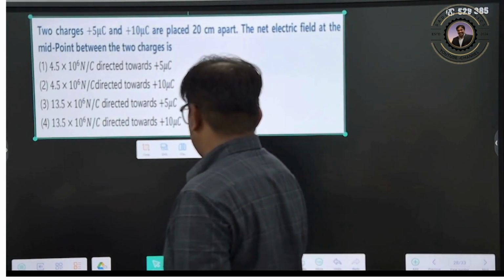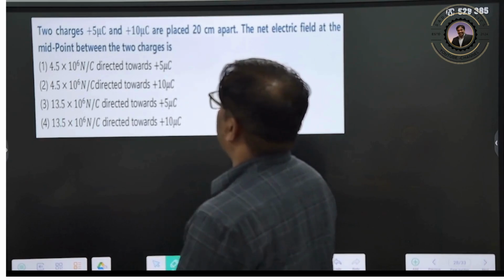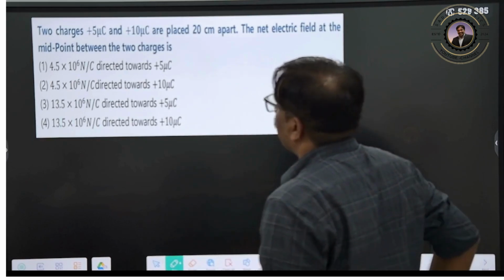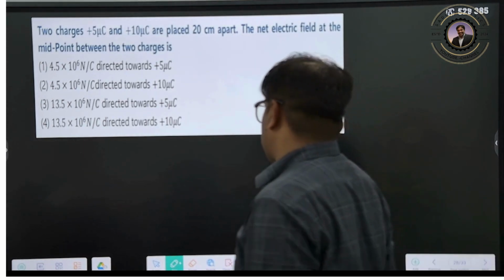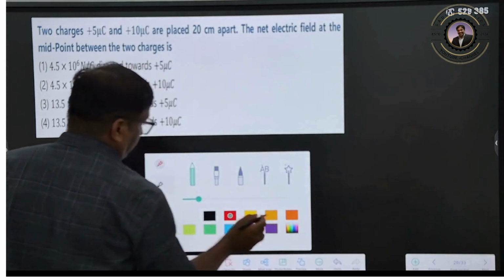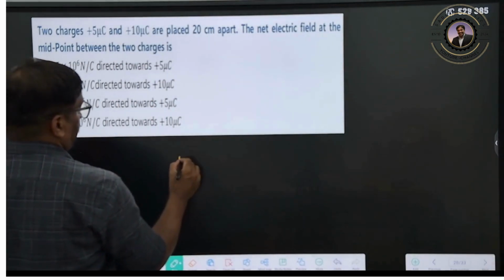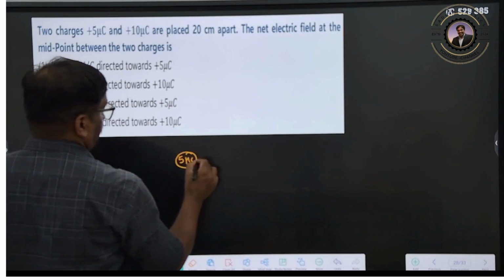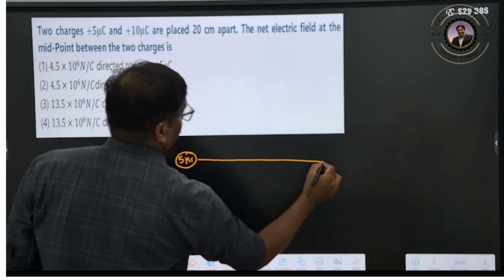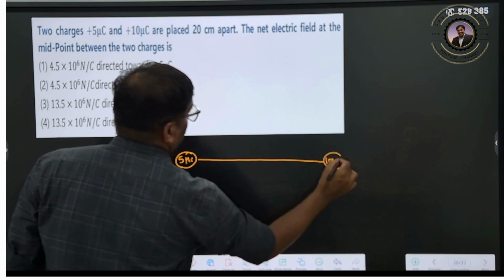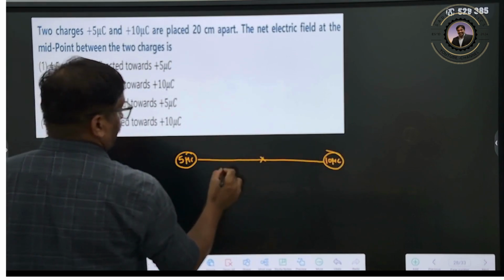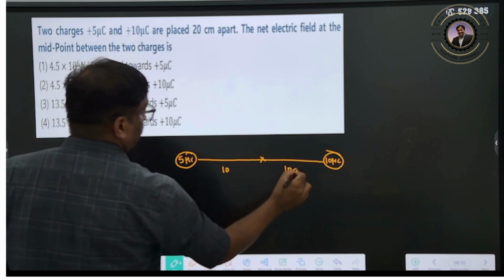There are two charges placed apart. Find the electric field at the midpoint. Let us see a simple question. Here 5 microcoulomb is there, and this is separated by 10 microcoulomb. 20 centimeter means the midpoint is 10 centimeter and 10 centimeter.